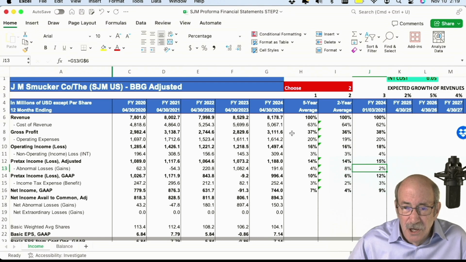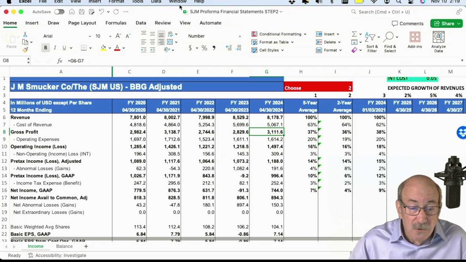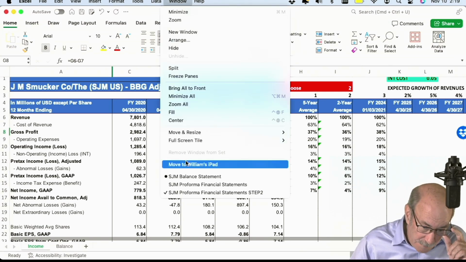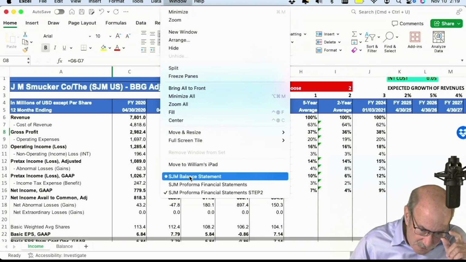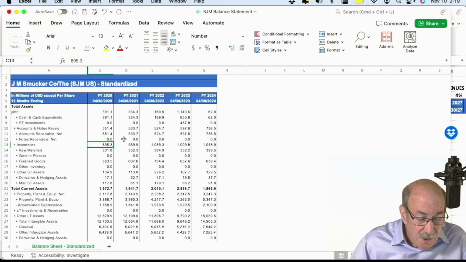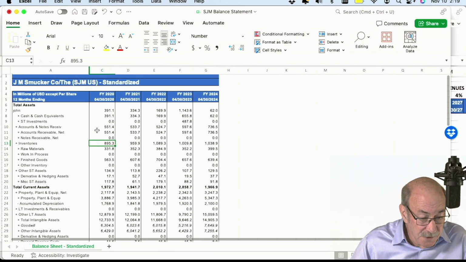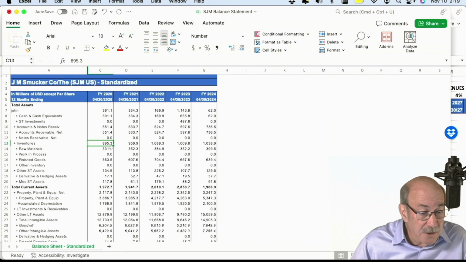The other thing to note on this spreadsheet before we move any further is that if we go back to our original data, which is right here, you'll notice that, for instance, on the balance sheet, let's go right down to here.